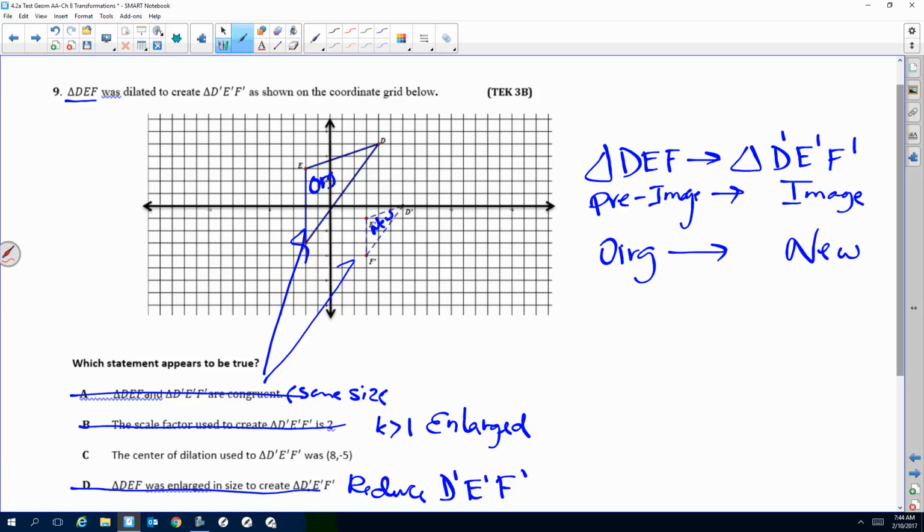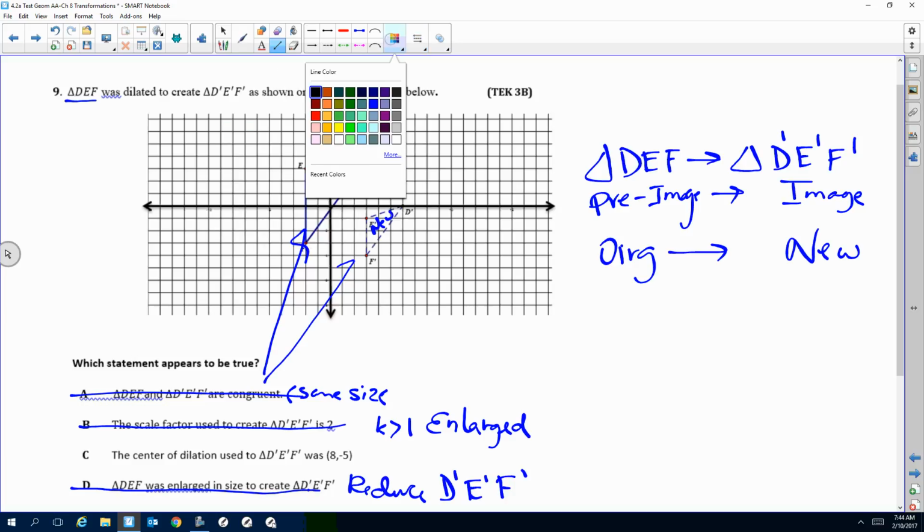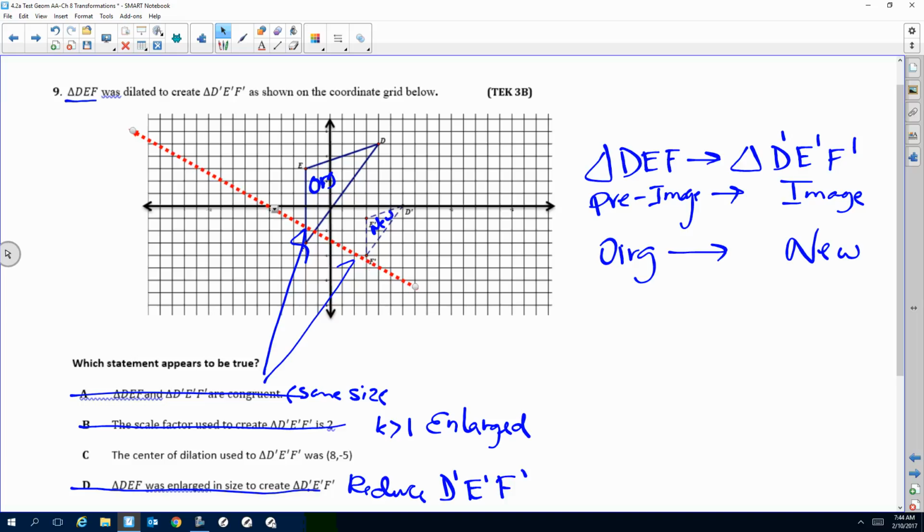Center of dilation is where the lines between our image and our pre-image meet. So like if I go to F and I extend it, I know my line's off, but let me fix this. If I go here, make that line.